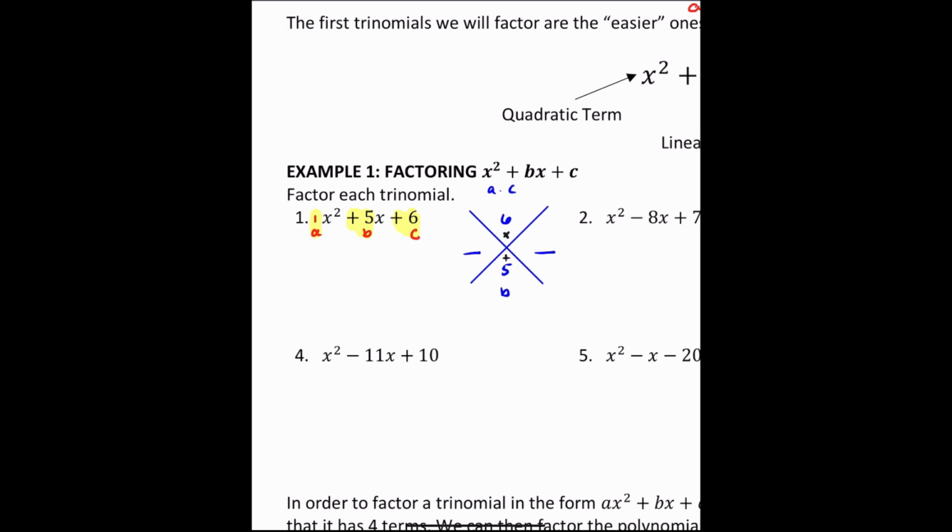The two numbers that I'm thinking are 2 and 3, because 2 times 3 is 6 and 2 plus 3 is 5. So how we should write our answer looks like this. It's (x plus 2) times (x plus 3).